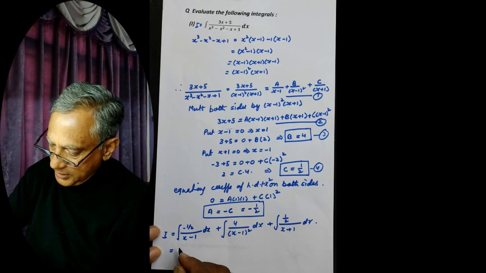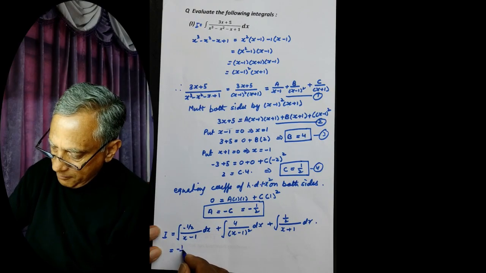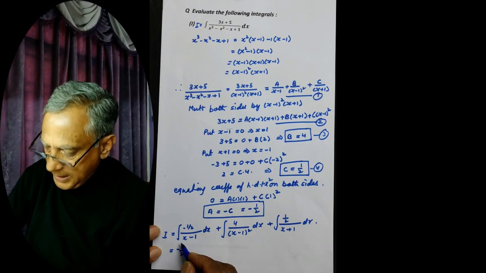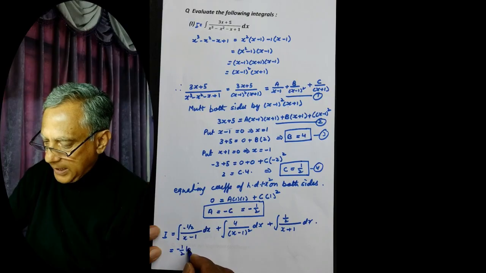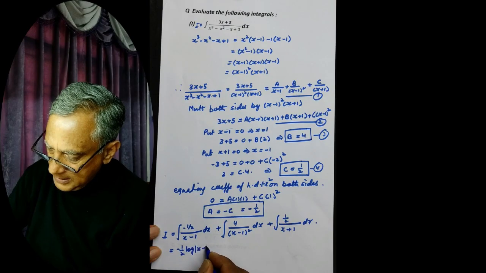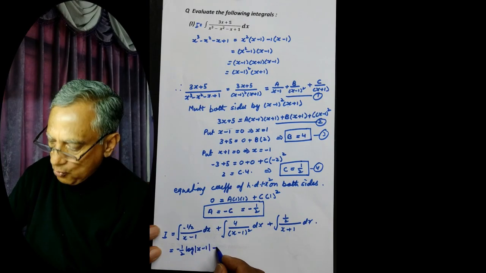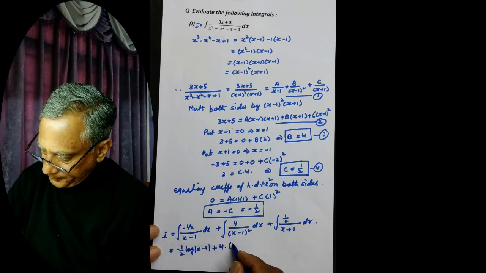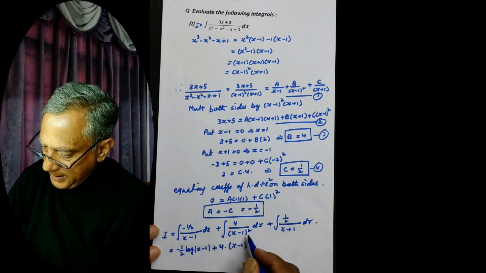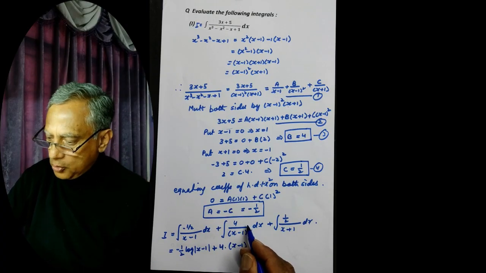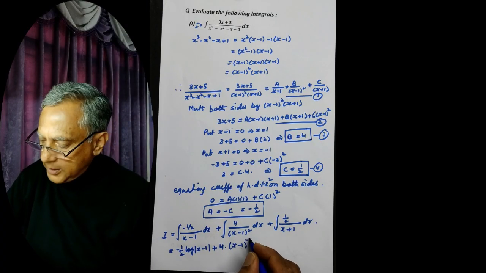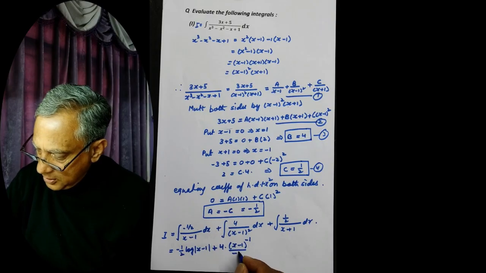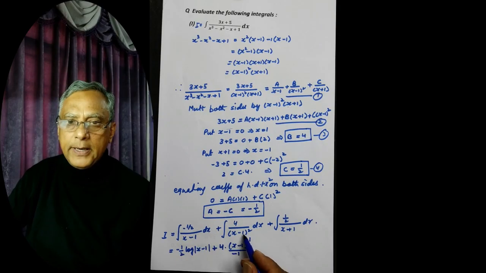Now integration of this will be minus half, which is constant, and integration of 1 over x minus 1 is log of mod x minus 1, plus 4 into this will be x minus 1 whole to the power of minus 2. So minus 2 plus 1 is minus 1, over minus 1.